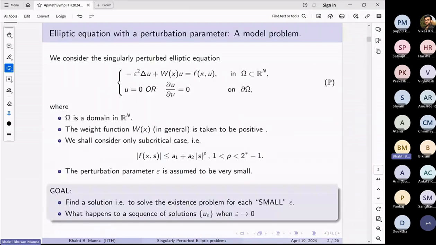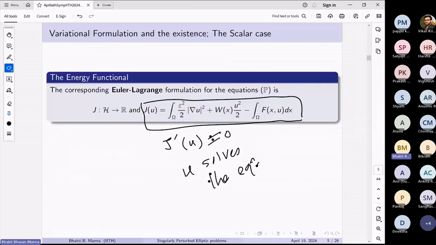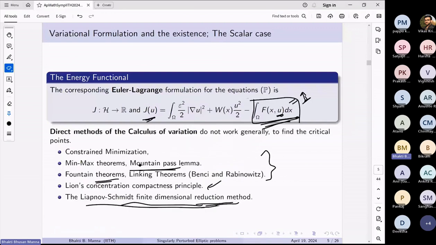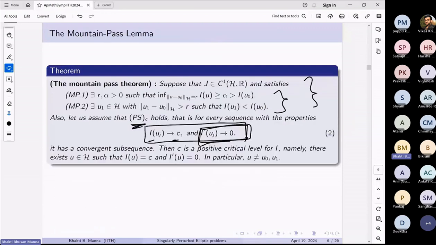If we draw this functional in, let's say, 2 dimensions, of course we are working in infinite dimensional spaces, but if we try to draw it in 2 dimensions, the geometry is something like this. It increases and then decreases to minus infinity in both ways. Basically, this is a kind of valley, and if you want to go out of the valley, you have to climb.